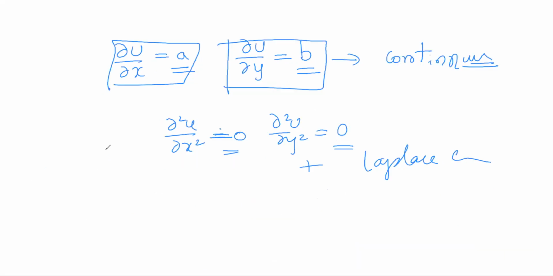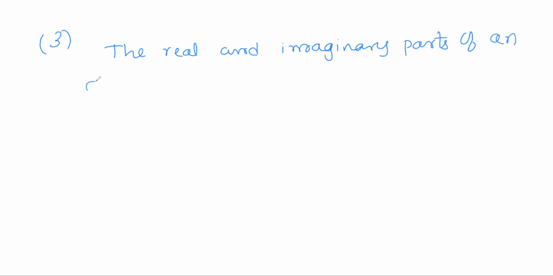Next, we shall come to the third example. The third example for harmonic functions: the real and imaginary parts of an analytic function are harmonic.